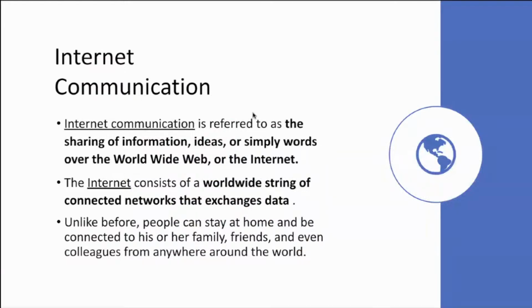Okay. So what is internet communication? How can we do internet communication? First, we need an internet connection. This is the definition: internet communication is referred to as the sharing of information, ideas, or simply words over the World Wide Web or internet.